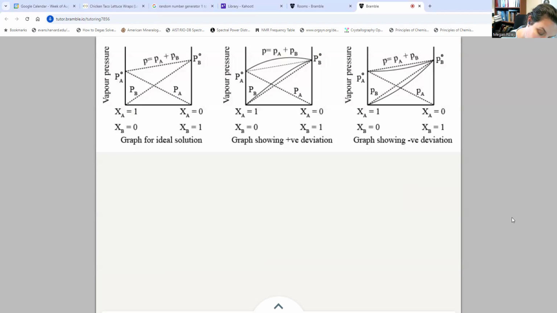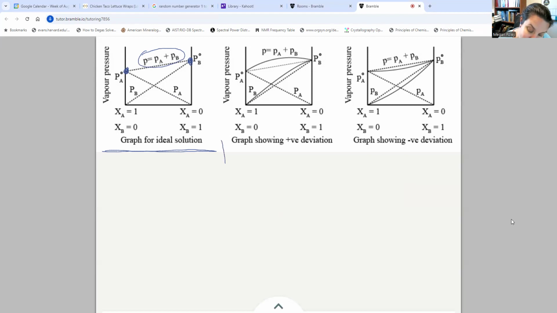So this graph on the left is an ideal solution. And we can see this line at the top. This is the vapor pressure of our solution. It's going to start out at the same vapor pressure as the A component. And then as you add in the amount of B, you're going to increase until you get up to the vapor pressure of the B component. You can also have deviations.